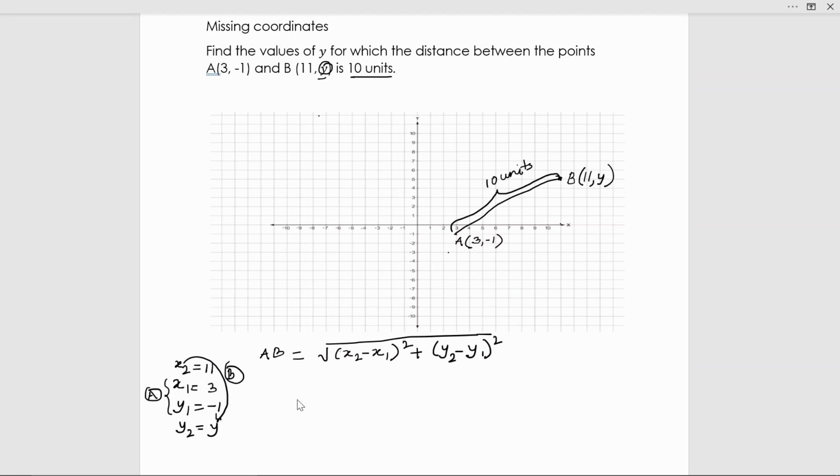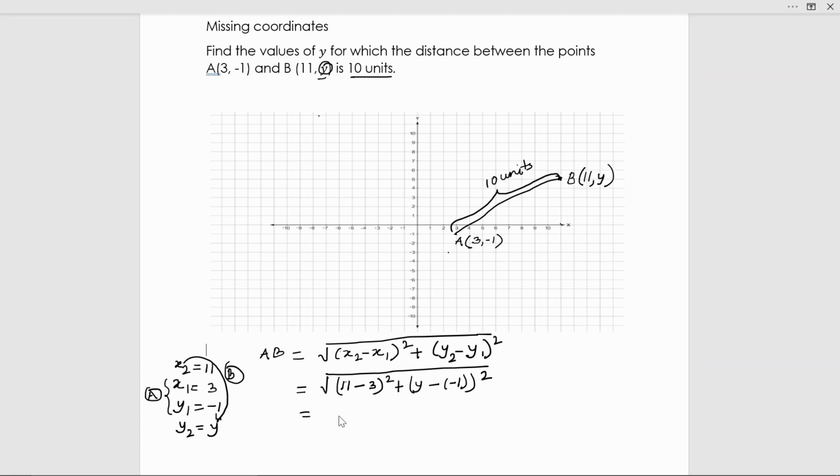Now using this, I can put the values in the distance formula equation. We can put X2 as 11 minus my X1, 3, and its square, plus Y2, which is Y minus of -1, and the square of it.